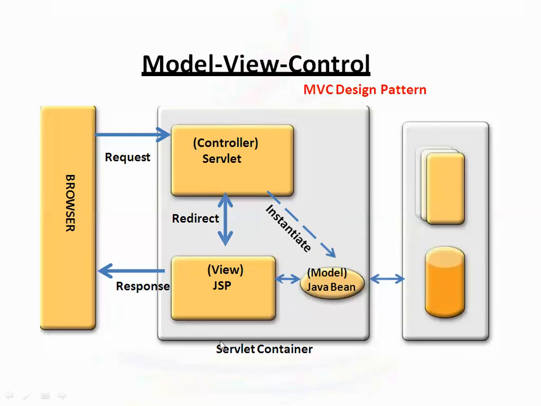So your service developer, like the Java developer, will develop the controller layer and beans. And your UI developers, three members, will develop the view layer. So what they will ask is, what are we going to develop as a Java developer?